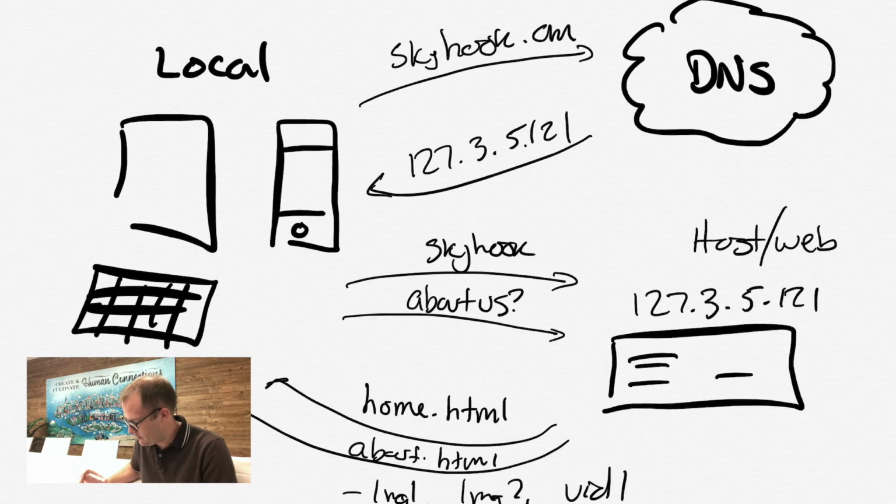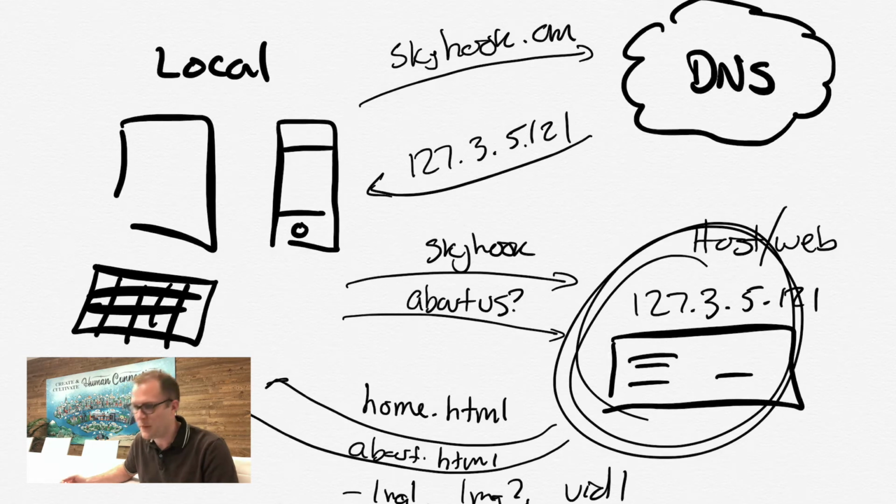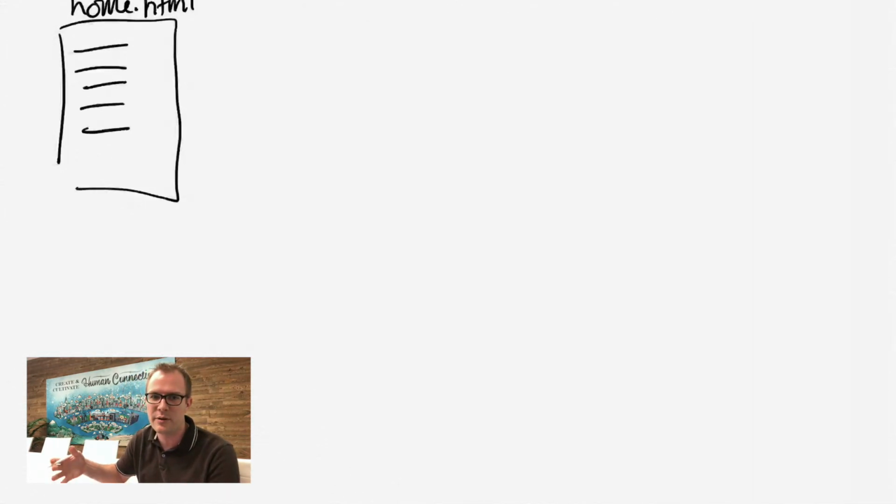What I want to do now is zero in a little bit more on what happens here on the web server, because that's where a lot of the magic happens. So on the web server, like I said, there are files. And say this file is the home page, home.html. If you were to look at this document, it really just looks like a text document, and it's actually in pretty plain English.